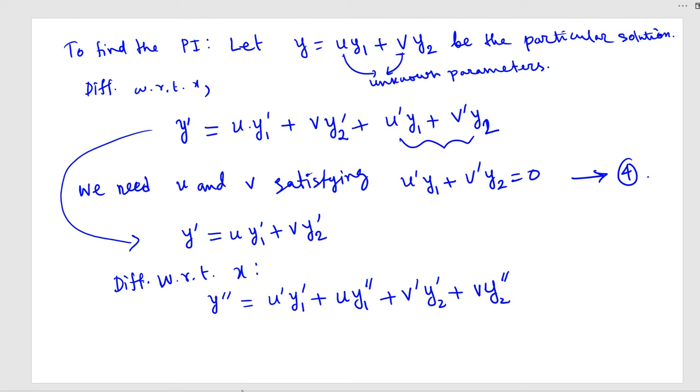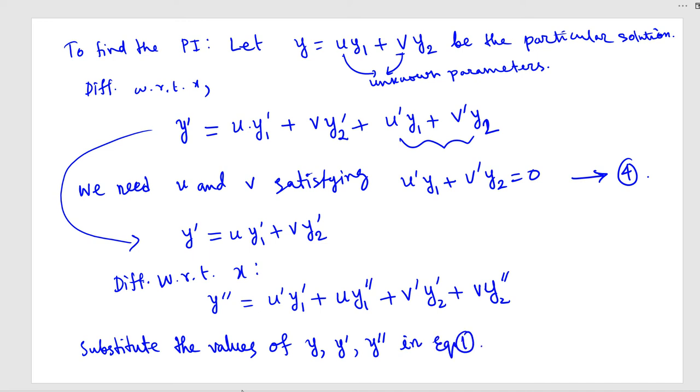Now substitute these values of y, y dash and y double dash in equation 1 and simplify.